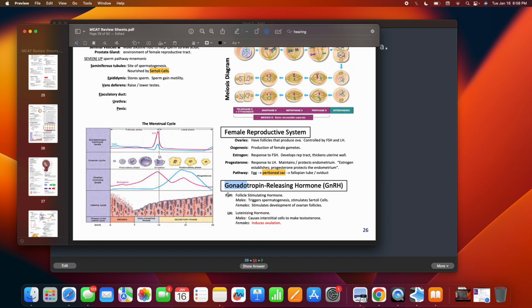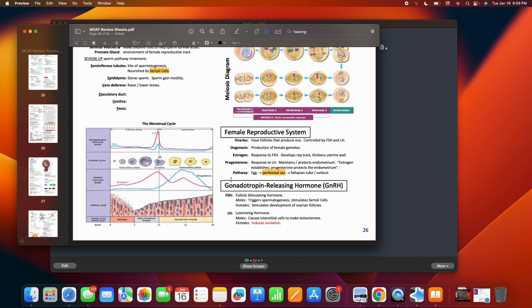We have FSH, follicle stimulating hormone. If you remember, it stimulates the follicle to produce estrogen. In females, it stimulates development of ovarian follicles. So estrogen is the response to FSH.